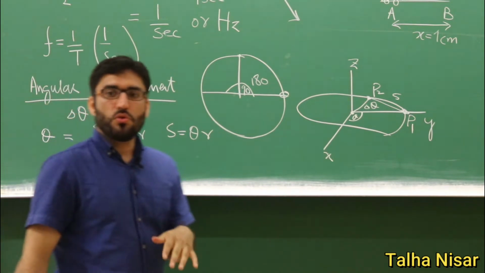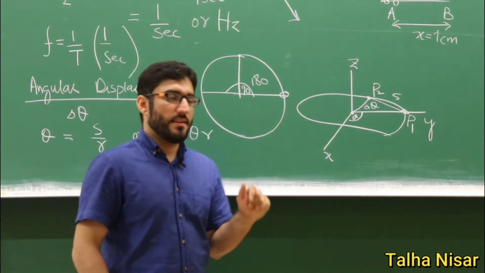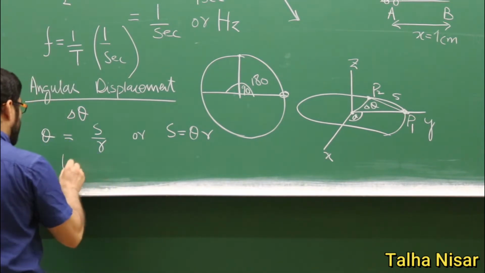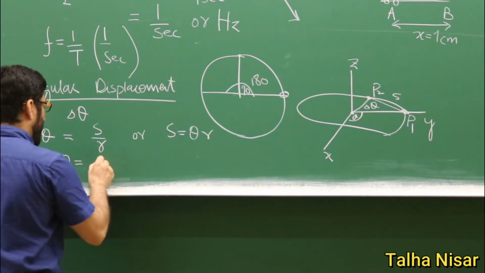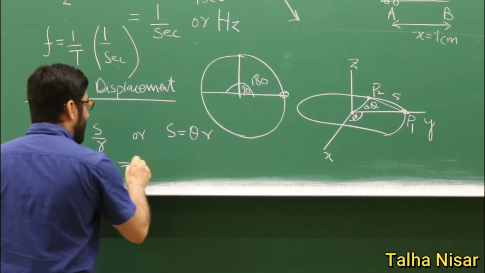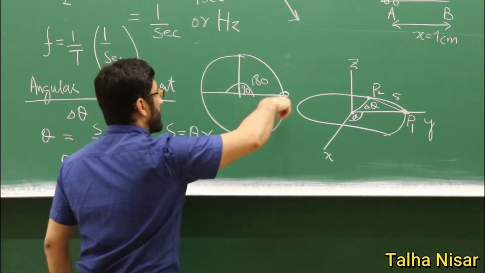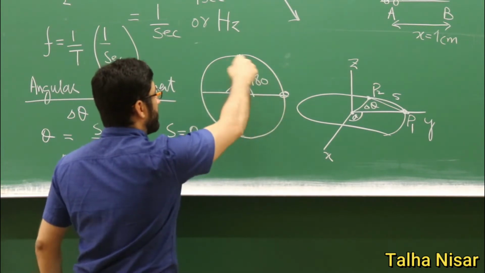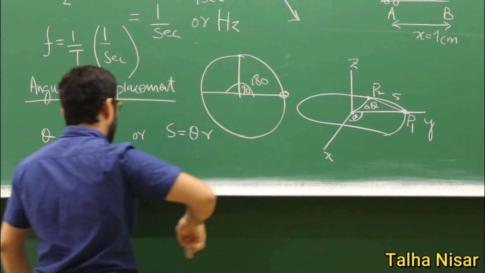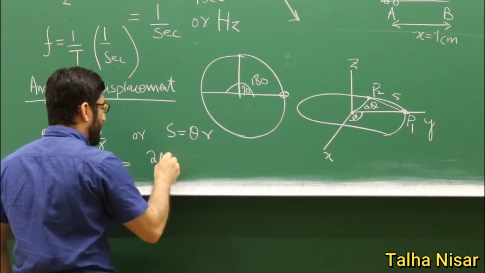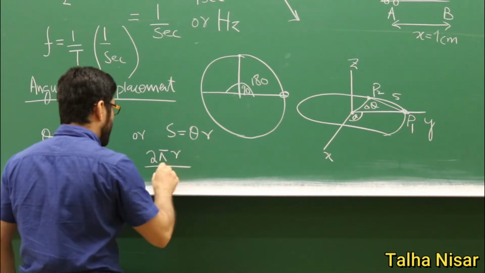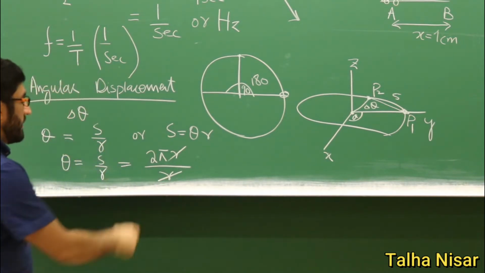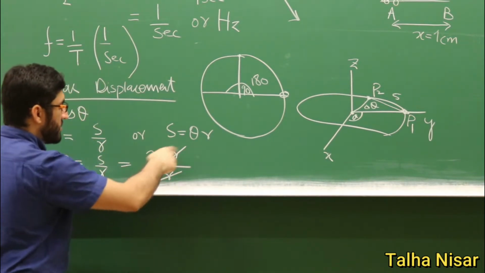But now we want to know what 1 radian is. We know that theta is equal to S by R, and for the complete circle, the circumference, the length of the outer part of the circle, is 2 pi r divided by r. The r cancels.